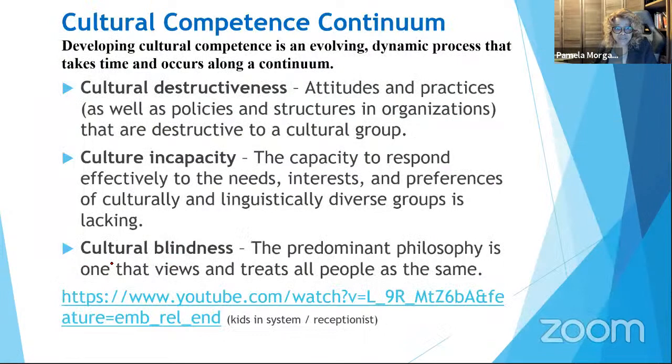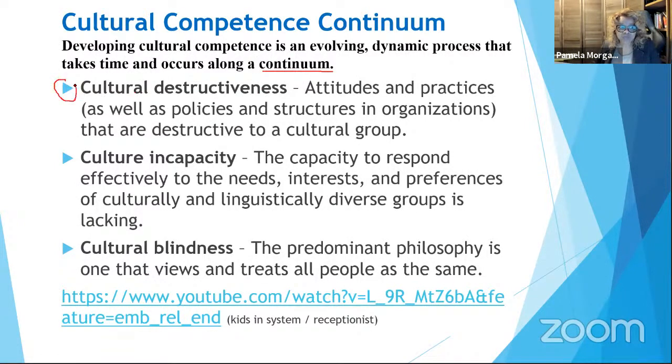So on this slide, you see some definitions. Developing cultural competence is an evolving, again, it doesn't happen overnight. It evolves over time. And so it's an evolving dynamic process that takes time and occurs on a continuum. And that's what we're looking at, the continuum.